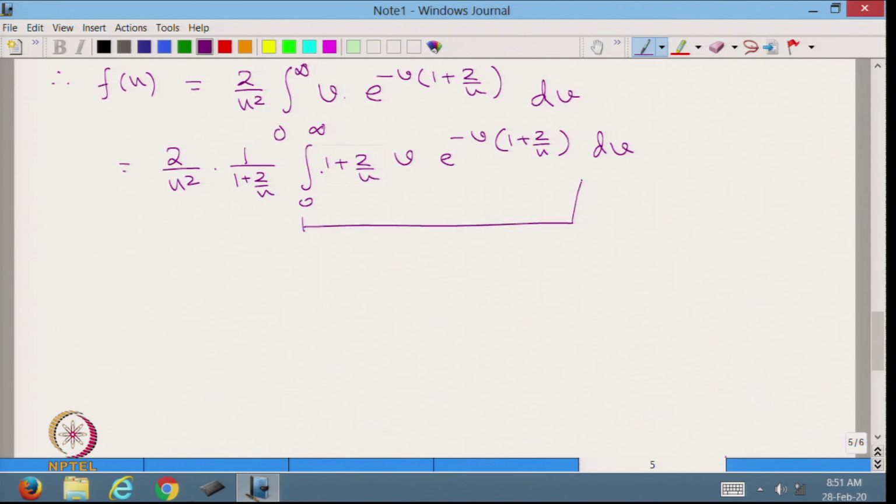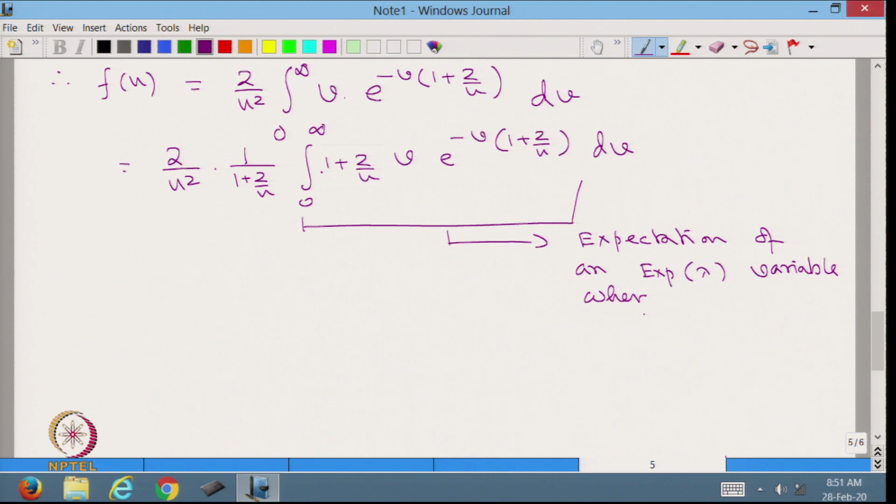Now, this is the expectation of an exponential lambda variable, where lambda is equal to 1 plus 2 by u. Therefore, the expected value will come out to be 1 upon lambda, which is equal to 1 upon 1 plus 2 by u.